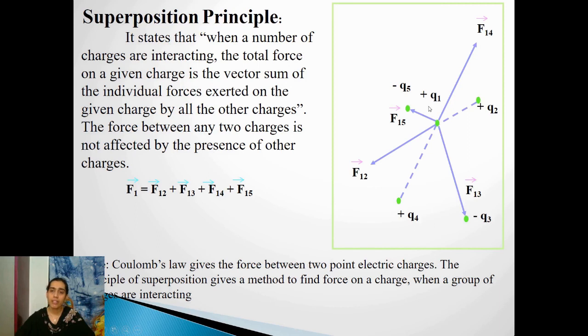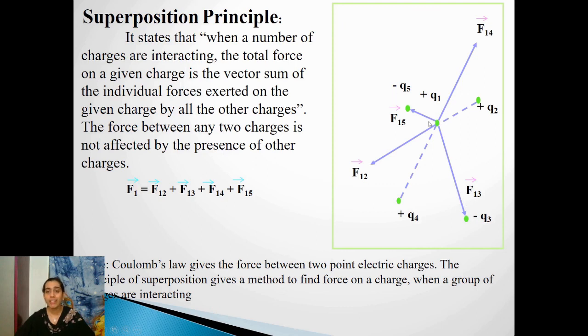Say for example, the force between Q1 and Q2 is 5 Newton. This 5 Newton will not get affected by the force due to Q4 or Q5 or Q3. Say the force between Q1 and Q4 is 10 Newton. This force will not get affected by the presence of Q2, Q3 and Q5.